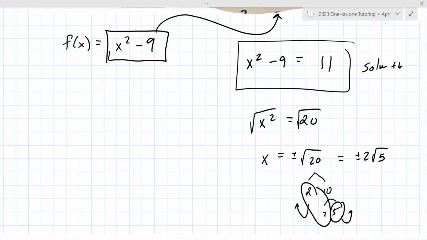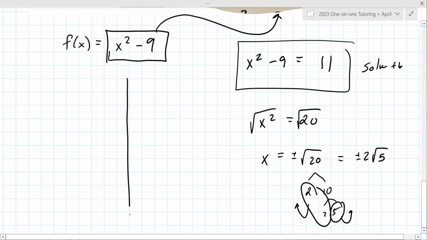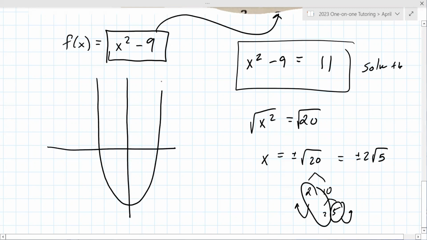Now graphically, here's what this means. So we've got this parabola, minus 3 comma 0, 3 comma 0, 0 comma minus 9. This 11 is a horizontal line.